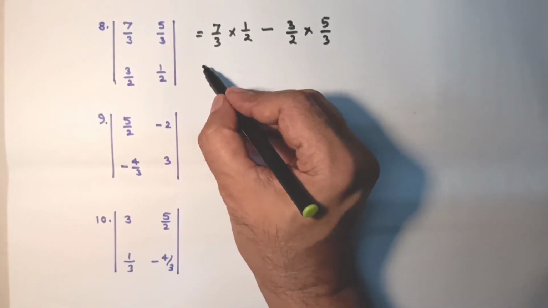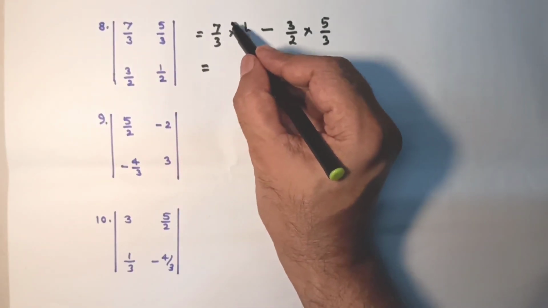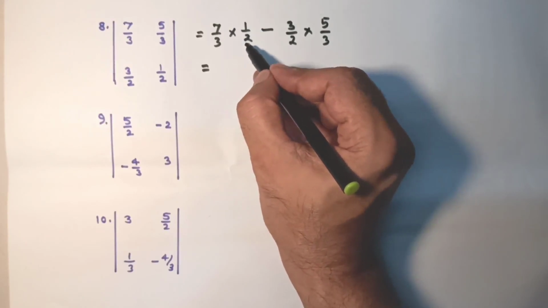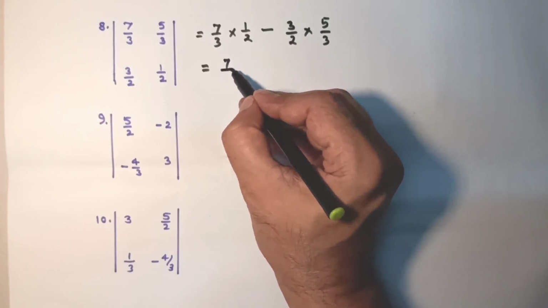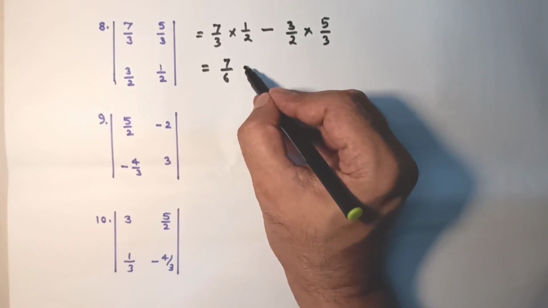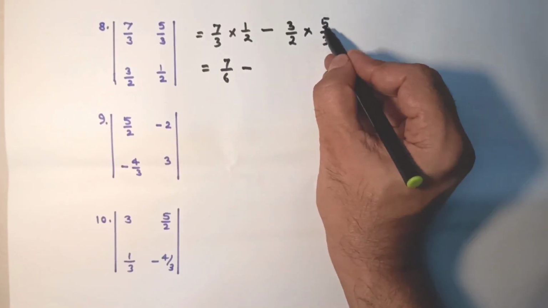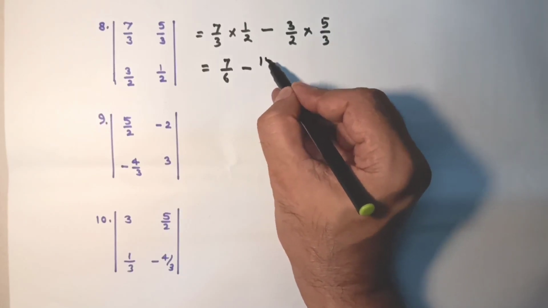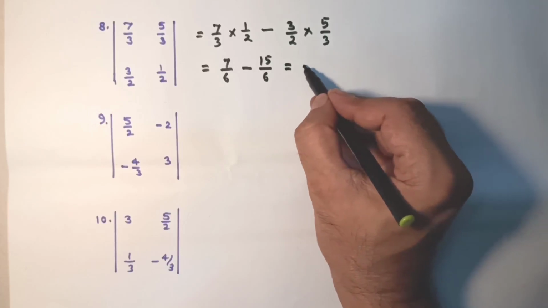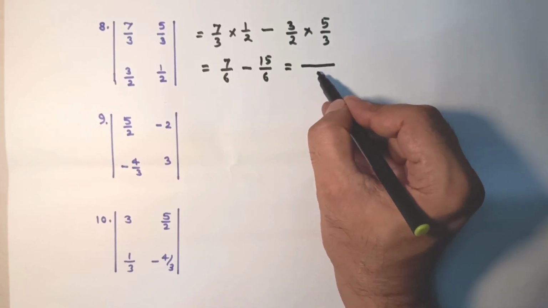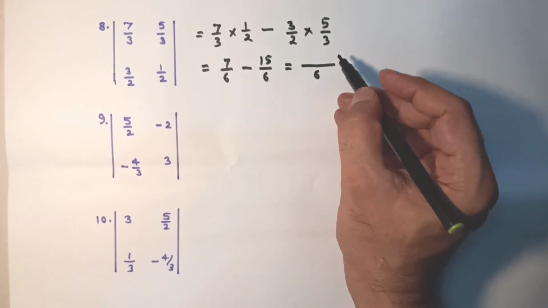Now when you multiply, numerator into numerator, denominator into denominator. 7 1 ja 7 and 3 2 are 6 minus this 15, 3 5 are 15, and then 6. Now 6 is your LCM, common, same.